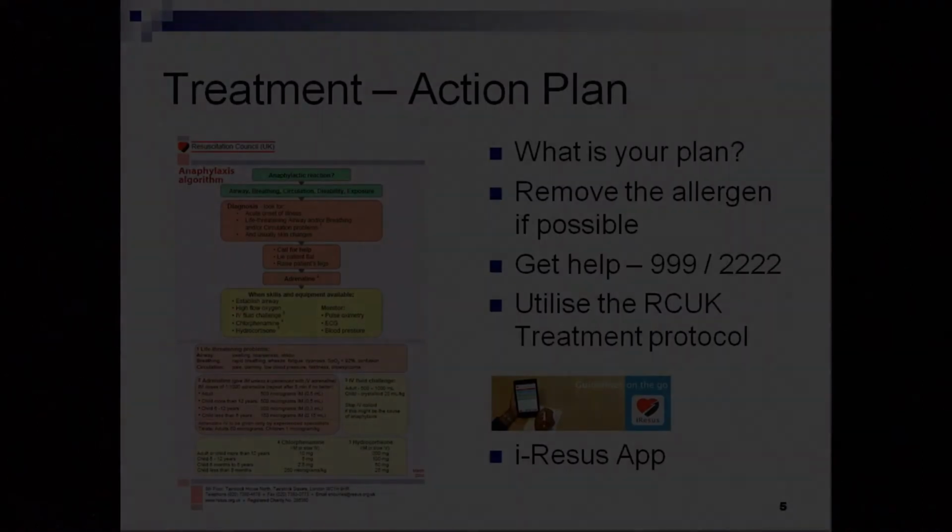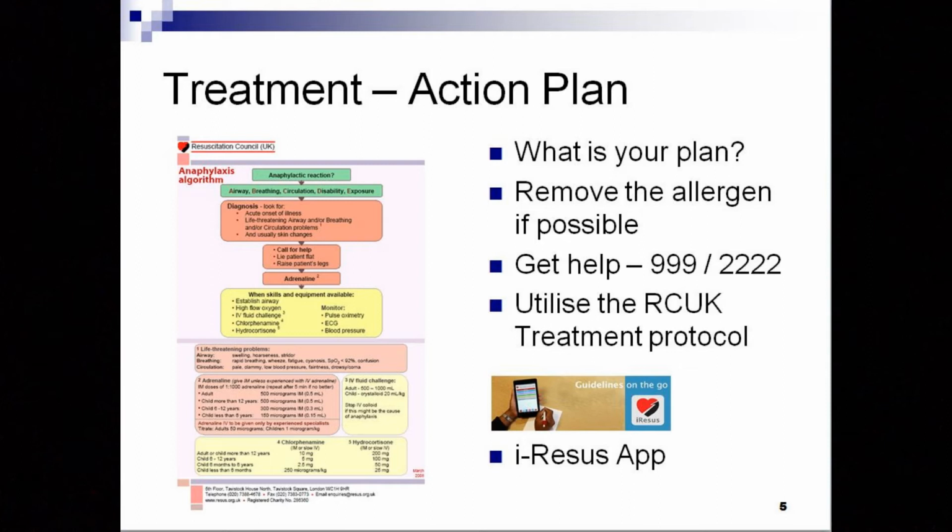Once you've made the decision that it is anaphylaxis, you need to follow the Resuscitation Council anaphylaxis protocol, which is available on the extranet. It's also available via the iResus app. The key element here is what is your plan in the way in which you're going to treat them. Firstly, if you know the allergen, remove it.